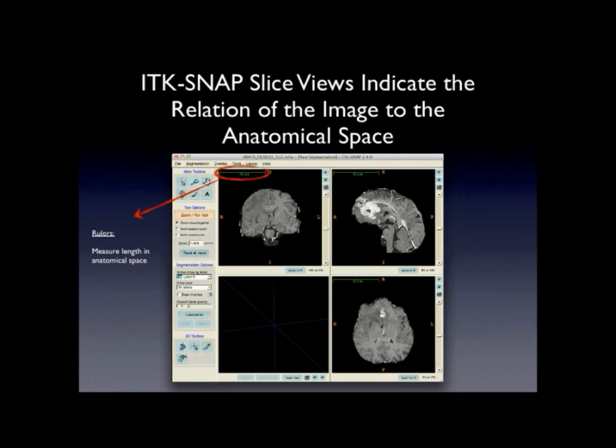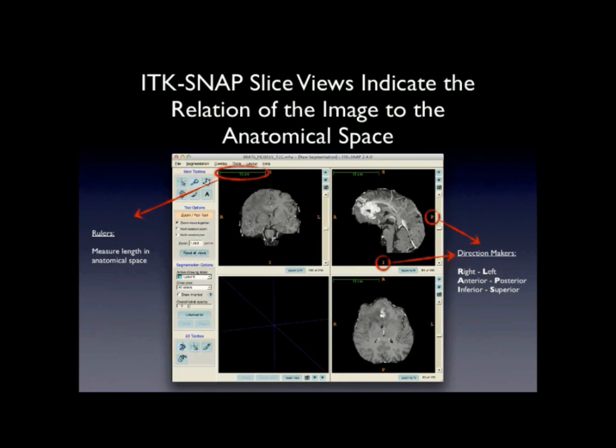There are these little green rulers that measure distances. And there are these anatomical markers that tell you where is right, where is left, where is posterior, where is anterior, where is inferior, where is superior.